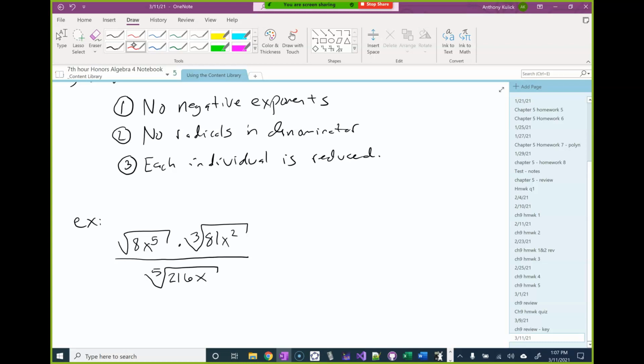But before I do that, I'm going to start by doing a prime factorization for each of the coefficients. Is it okay if I do those prime factorizations in my head? Okay. If you need me to write it out again, I will, but that's all I'm doing, just drawing that factoring tree.